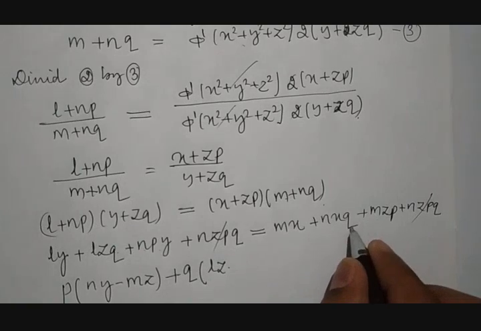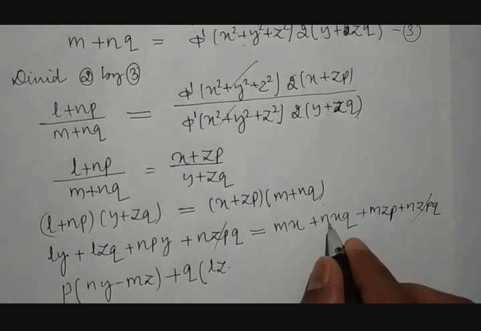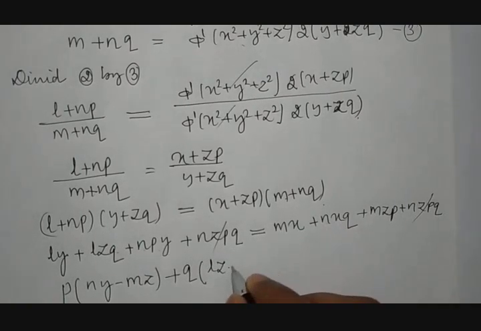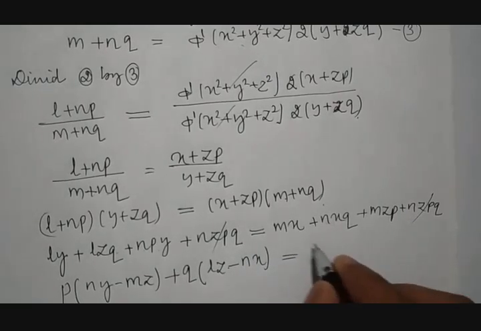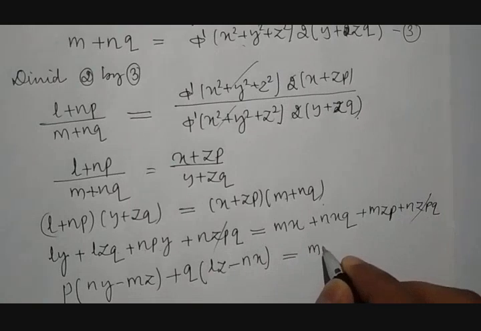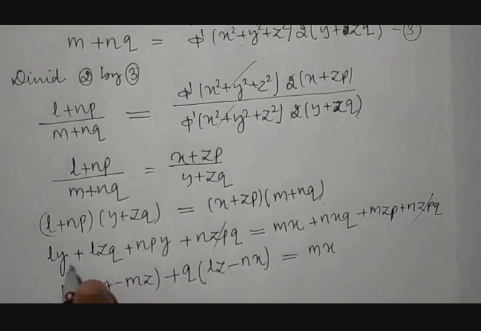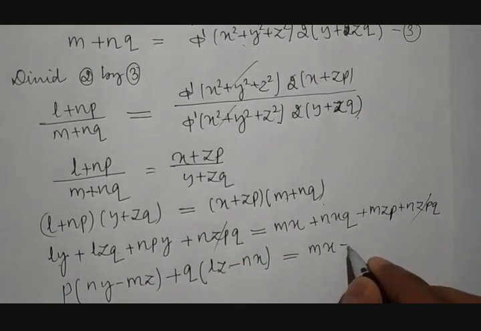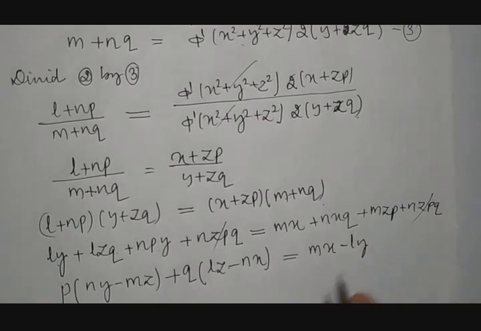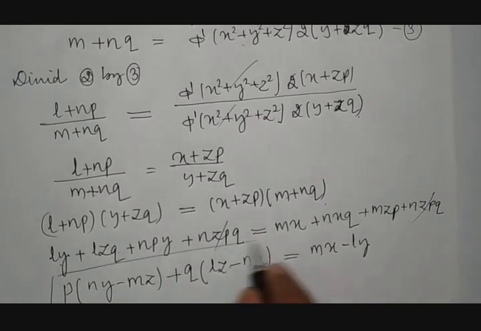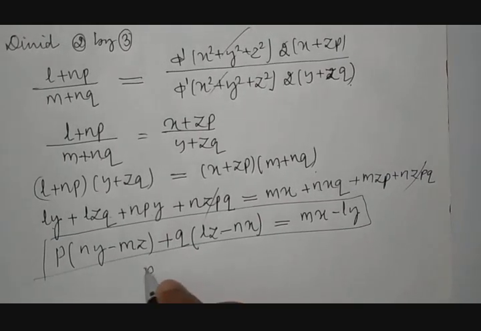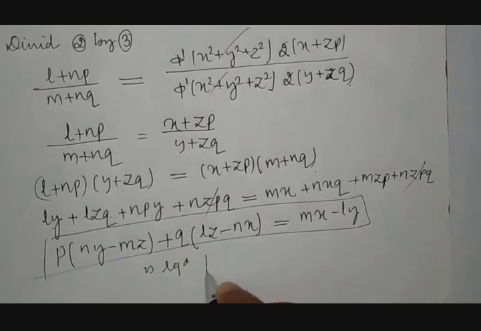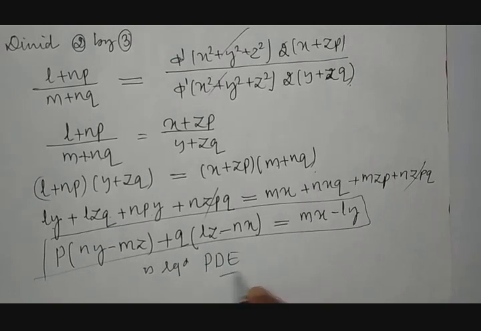From here, what is q? q has a coefficient of nx. So take it to the other end, it becomes minus nx, which will be equal to, here mx is available, then here it is ly. Take it to the other end, then it becomes ly. So this becomes the required partial differential equation.